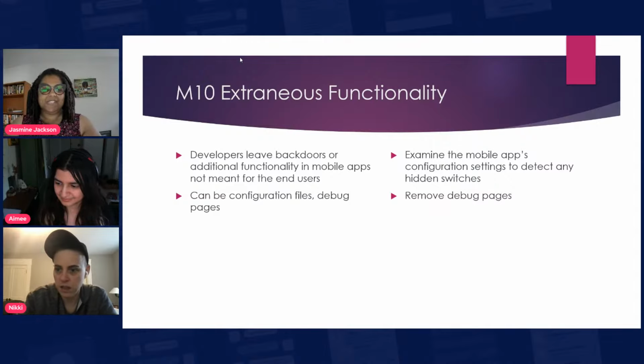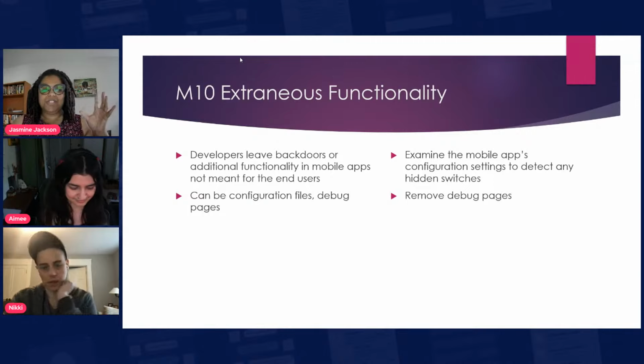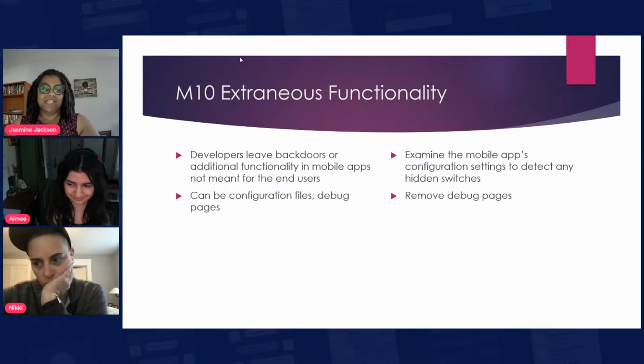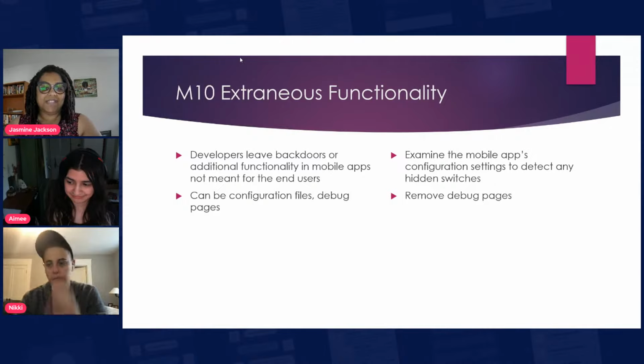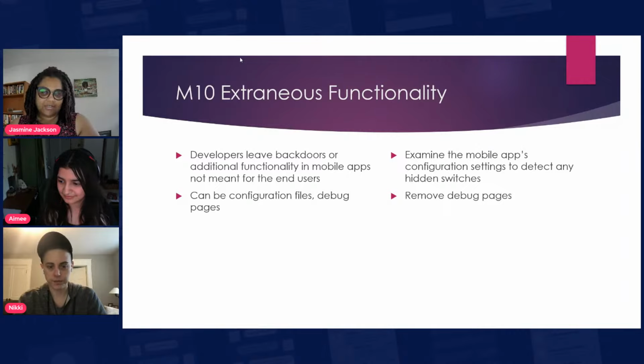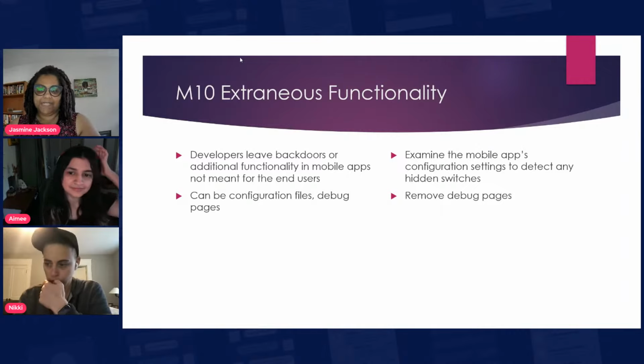So the debug pages and the configuration pages live on, and consumers can access that, right? And as the name implies, it's extraneous, because depending on what you have in those configuration files or debug pages, a consumer or a hacker can learn a lot about your application.